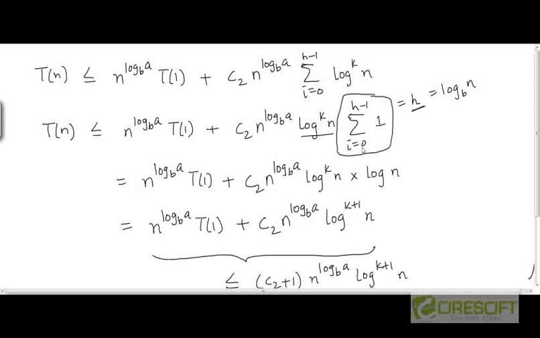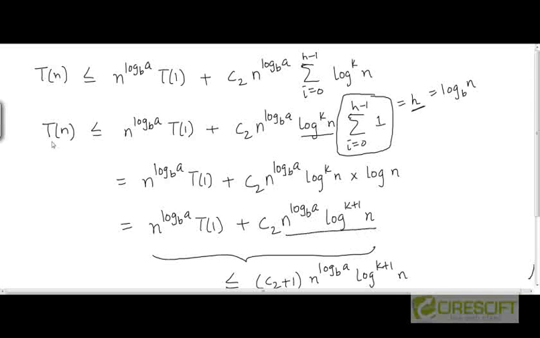So if we replace h by log n to the base b, which is the value of h, we will be adding one more power to log of n, and we'll get log to the power k plus 1 of n. And this is what we wanted.